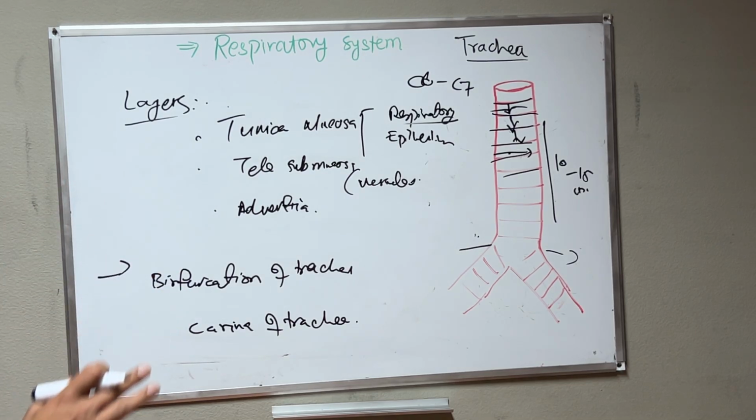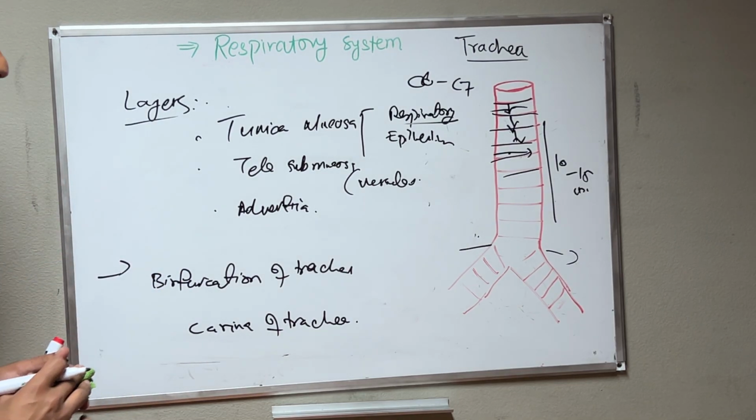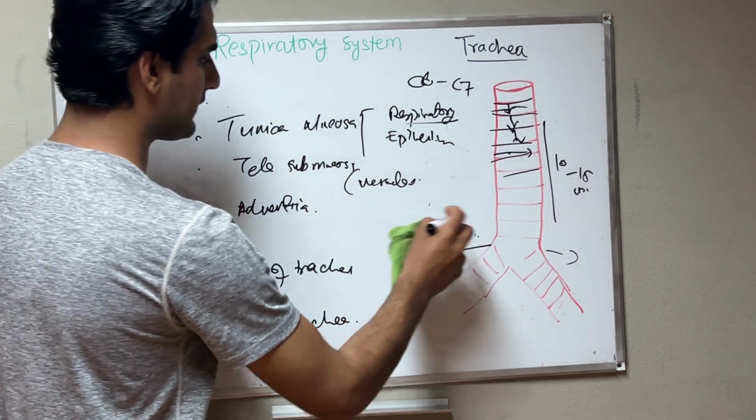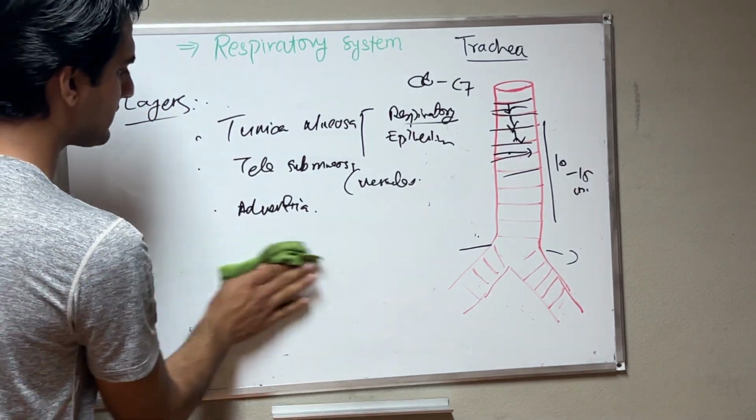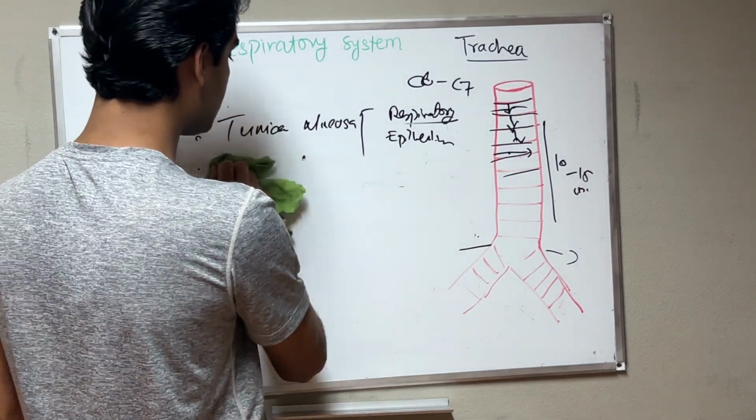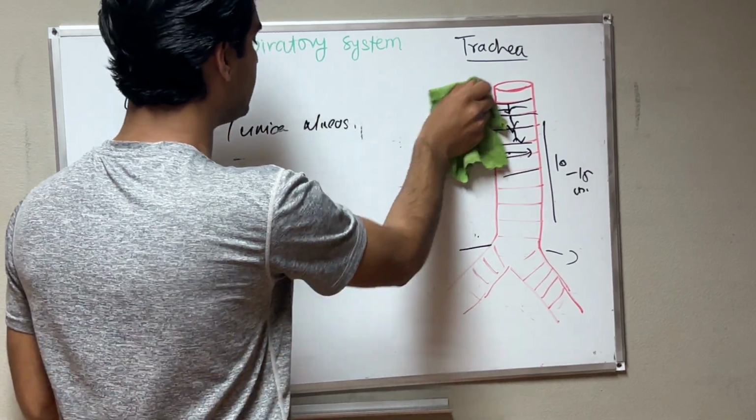Now we will continue with the bronchi, because after the trachea, the bronchi are also organs of the respiratory system.